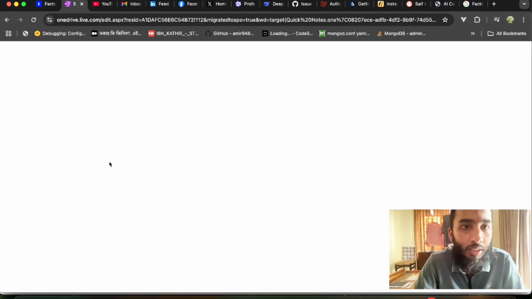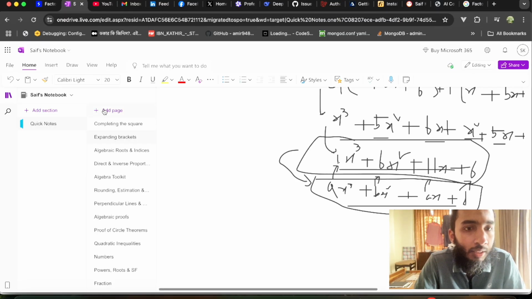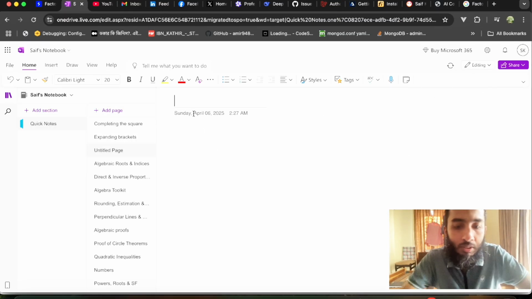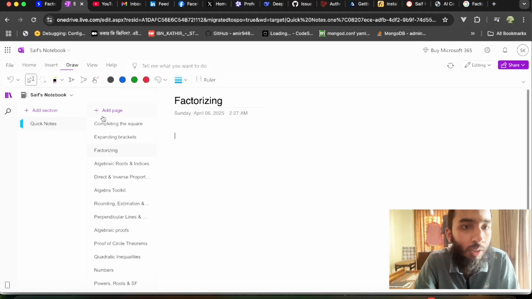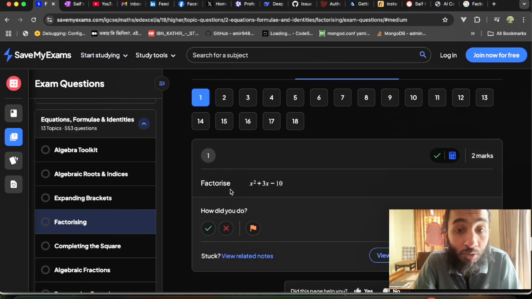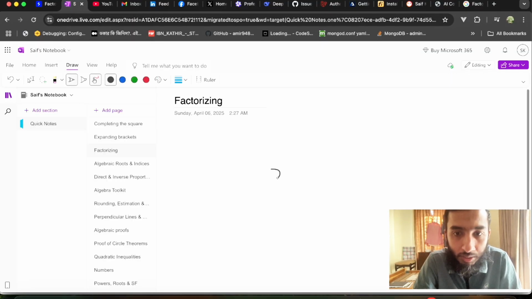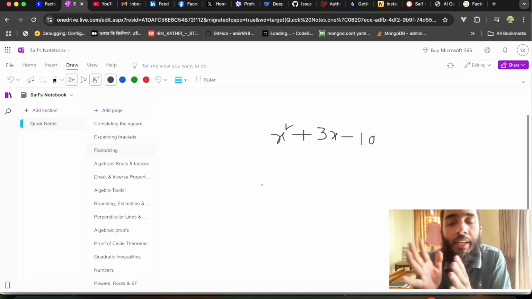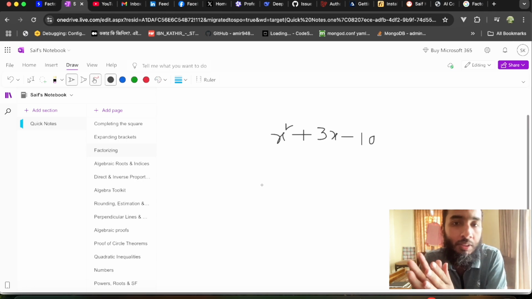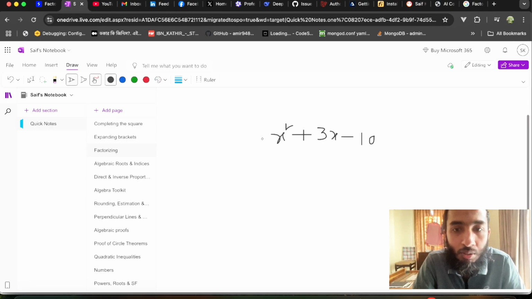So if I use the notepad and make a page for factorizing, I want to factorize the expression x squared plus 3x minus 10. So how can I factorize it into a product of two or multiple expressions?